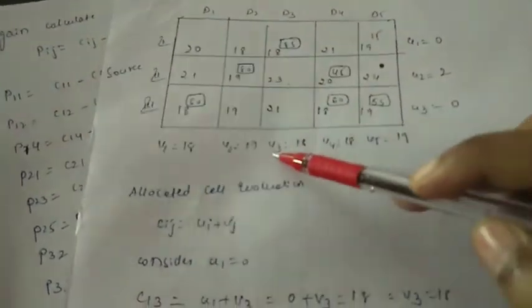So the same procedure. So the u1 values and v1 values both change. So put all these values here, and got the u1, u2, u3, v1, v2, v3, v4 and v5.